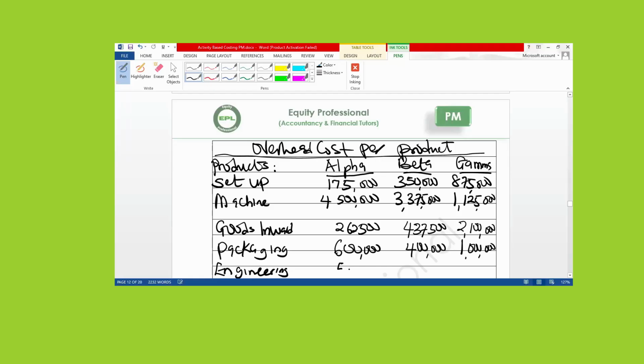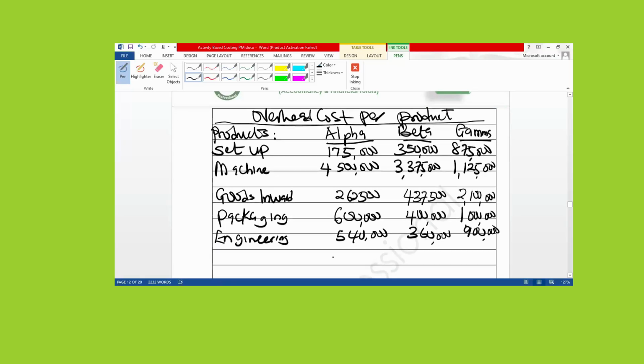540,000. 360,000. 900,000. You have collated your results. Now add. Get total overhead for alpha, total overhead for beta, total overhead for gamma.